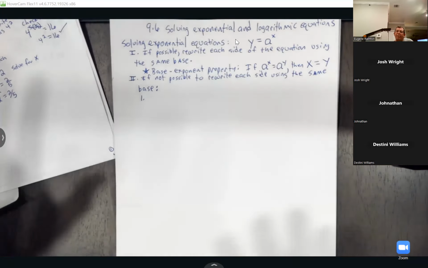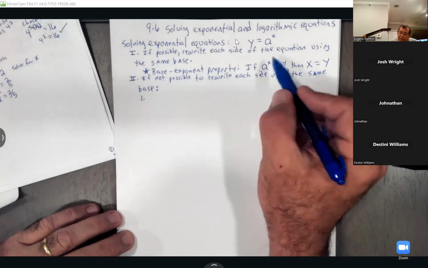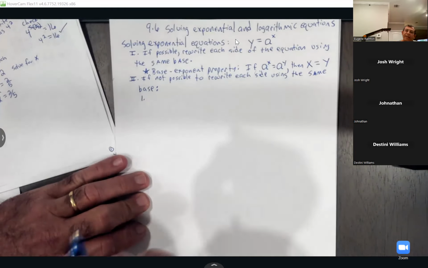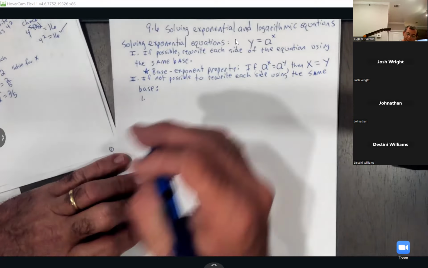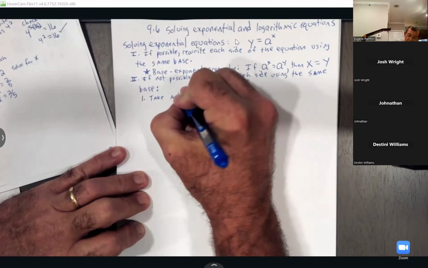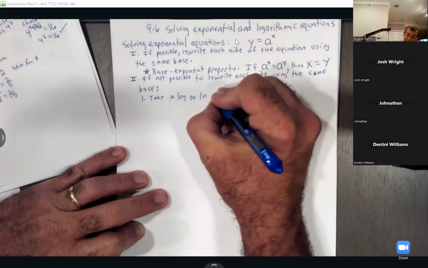So if I cannot rewrite them using the same base, the first thing I'll do, because I'm going to have to bring these exponents down, is take a log or an ln of both sides.